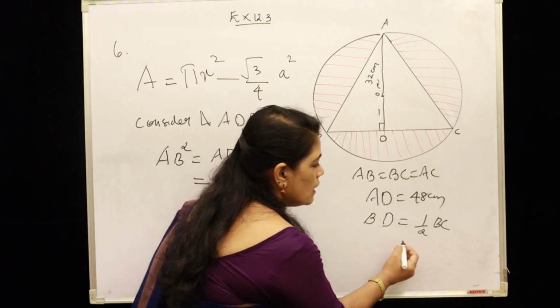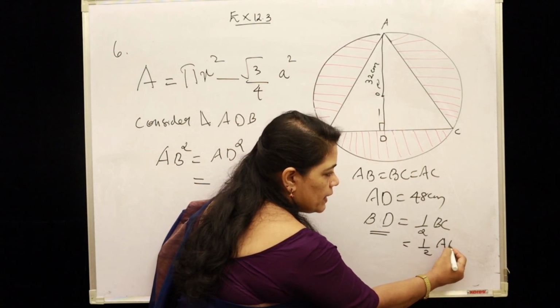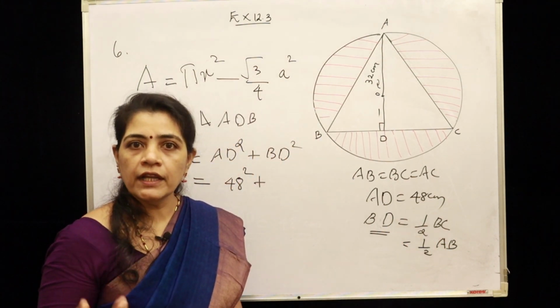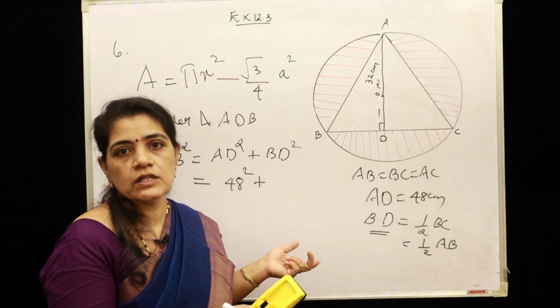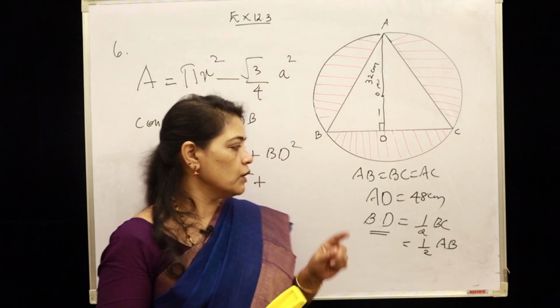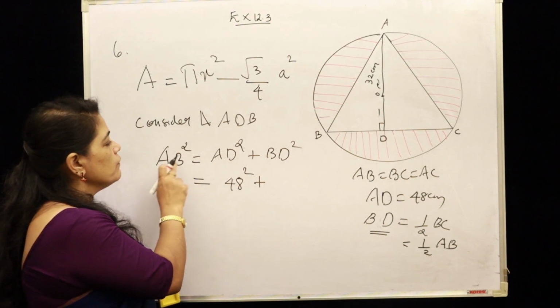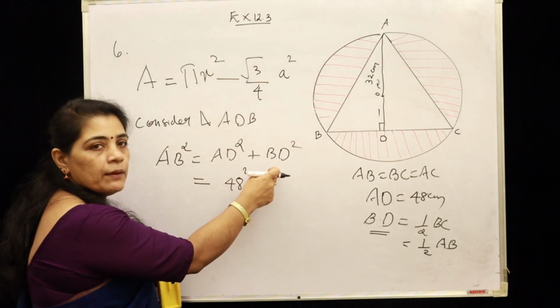That means BD equals half of AB, because this equation should be in one variable. Over here AD we already substituted, AB we don't know, and BD also.